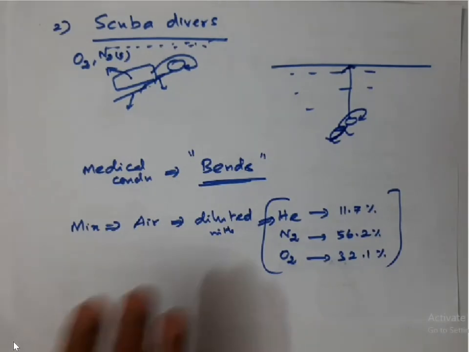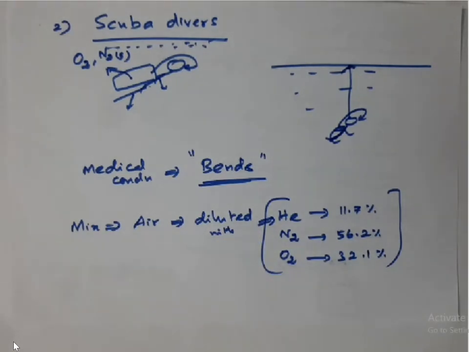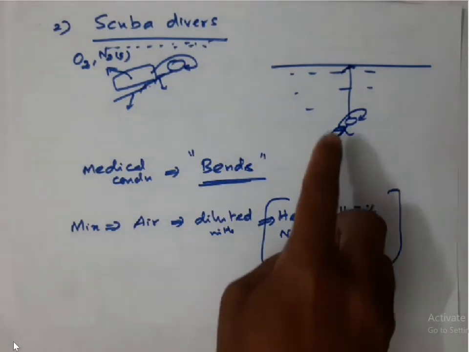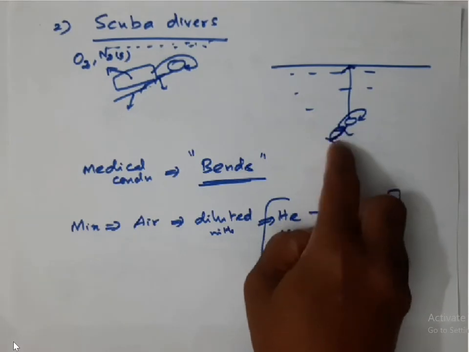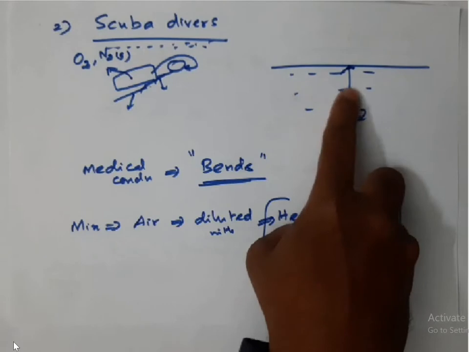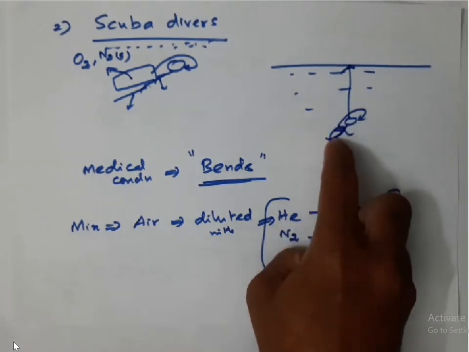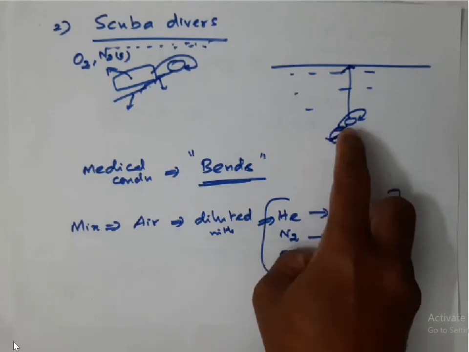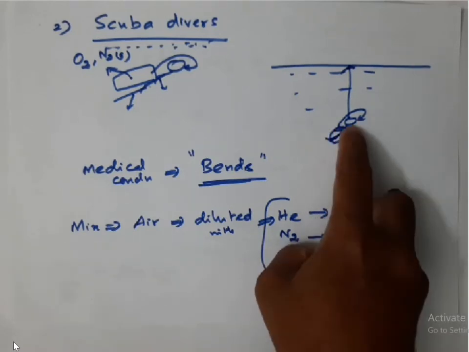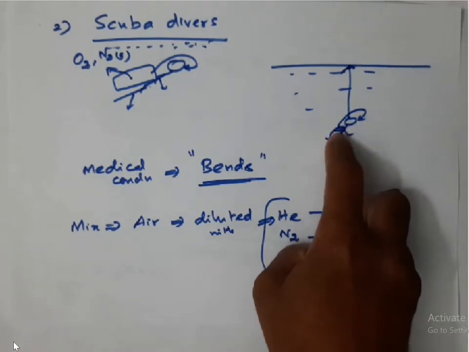So this is another important application of Henry's law. When you go deep underwater, the pressure will be high. Because of the water, the pressure in the tank will increase. Due to high pressure, more nitrogen gas gets dissolved in the blood capillaries.